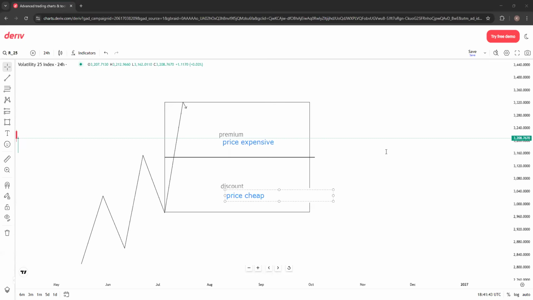So what it generally means is if we are in an uptrend, right, we are not going to buy in the premium because price is expensive. But what we are going to do is we are going to wait for price to come in the discount where price is cheap and we go with it. We go up with it.